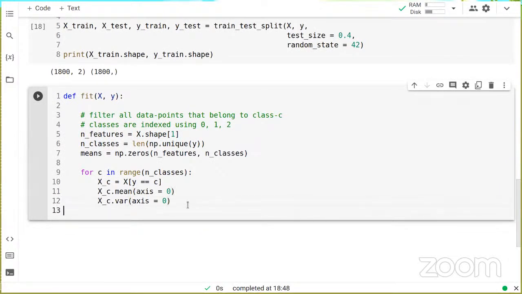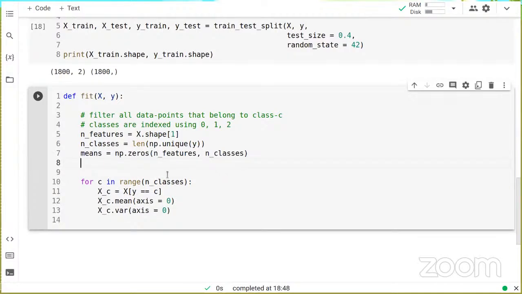Okay, so far so good, right? You all understand that this has to have shape, features, cross classes. I have to do something similar for the variance. Once I do that, what should I fill in here?